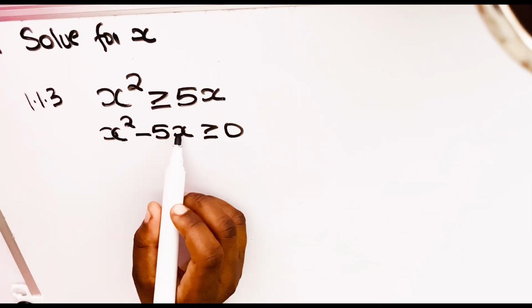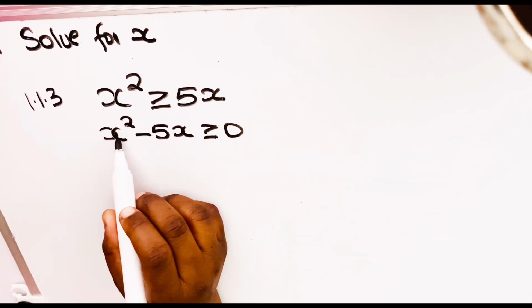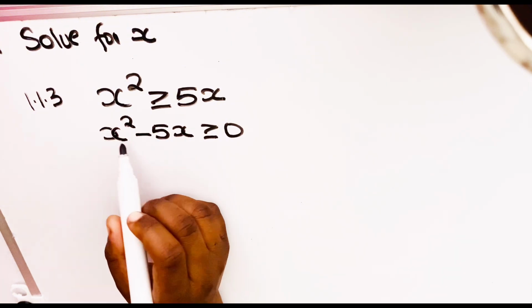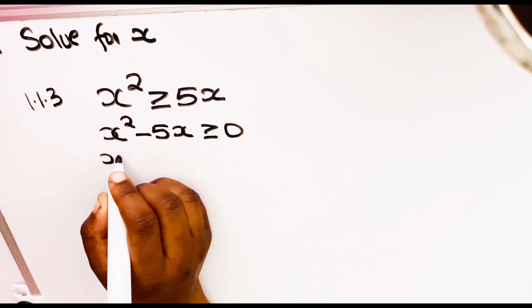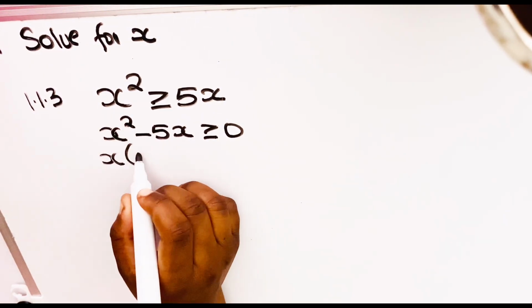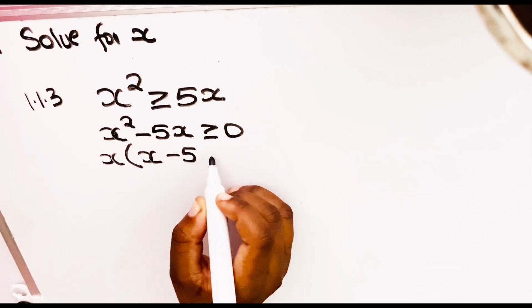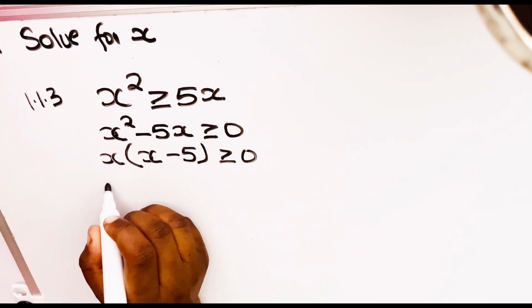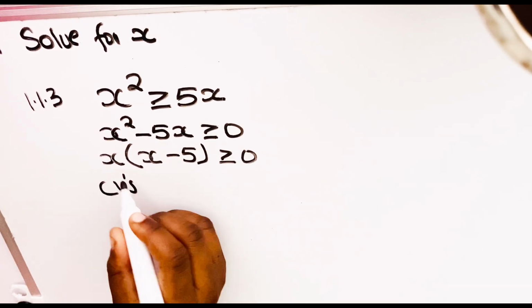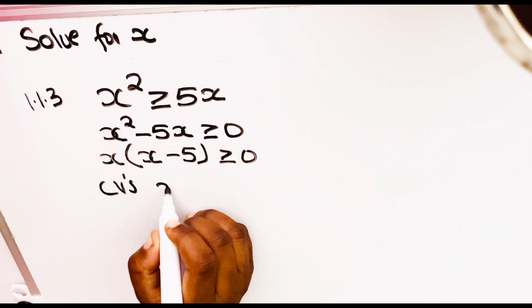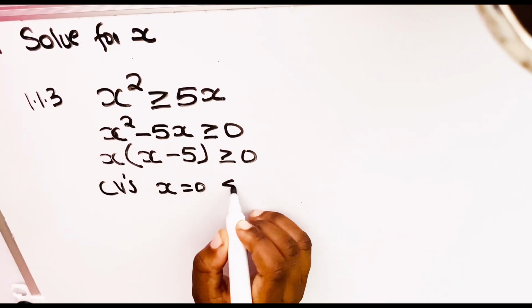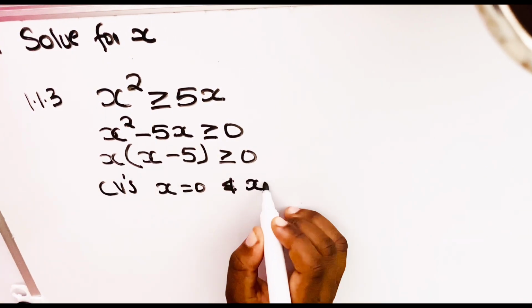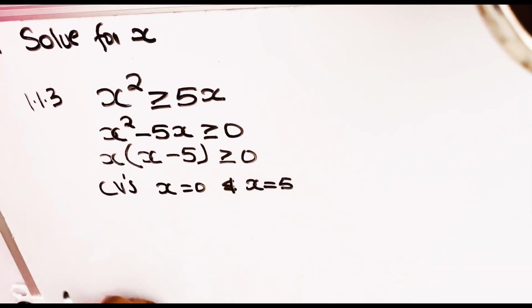Each term has x. So this simply means x is a common factor. So we'll factorize by taking out x as a common factor. We'll be left with x minus 5. Then jump straight to the critical values. Your critical values are x equals to 0 and x equals to 5.